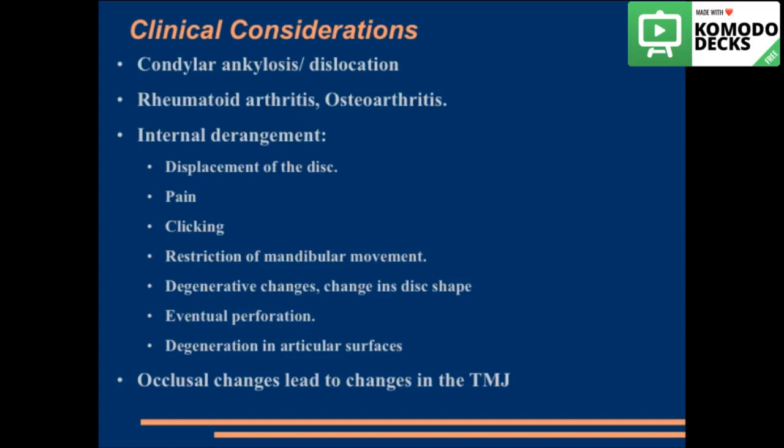Restriction of mandibular movement and degenerative changes might cause changes in the disc shape, eventual perforation in the disc, and degeneration in the articular surfaces like hypoplasia, hyperplasia or aplasia.